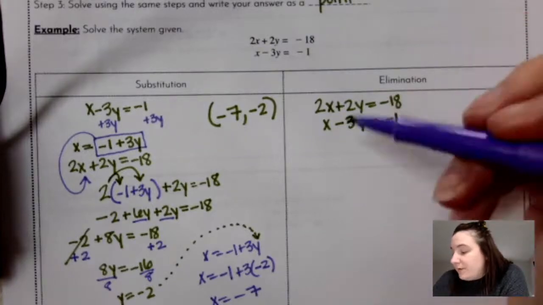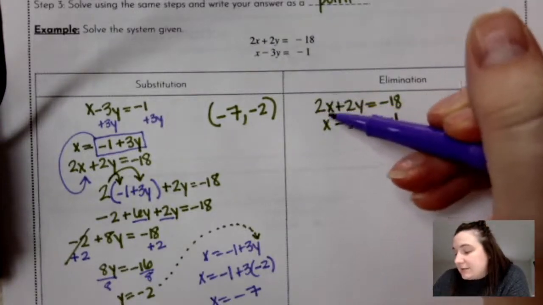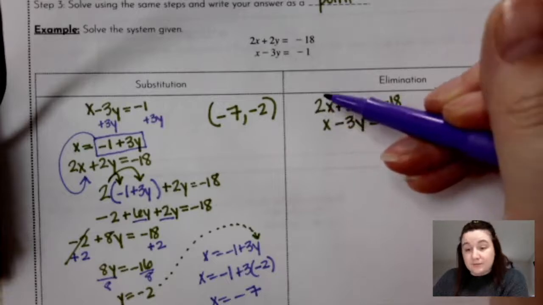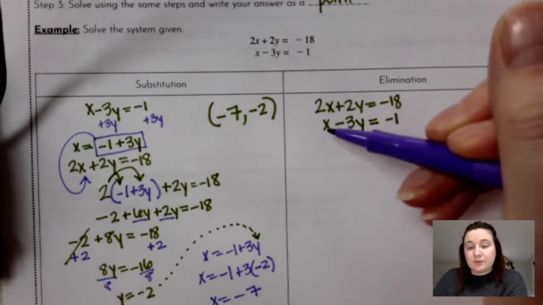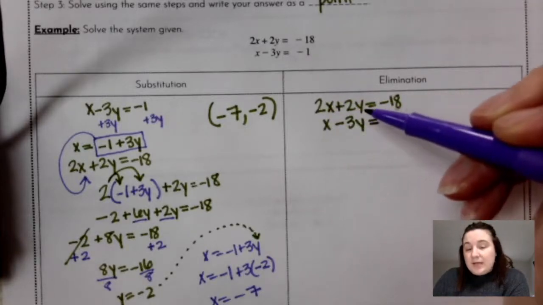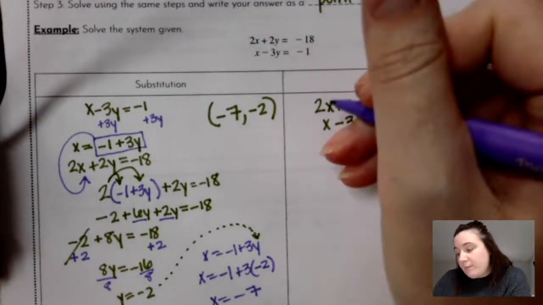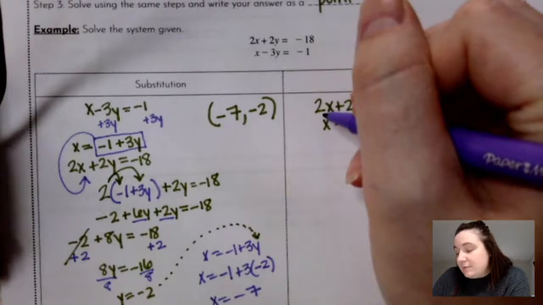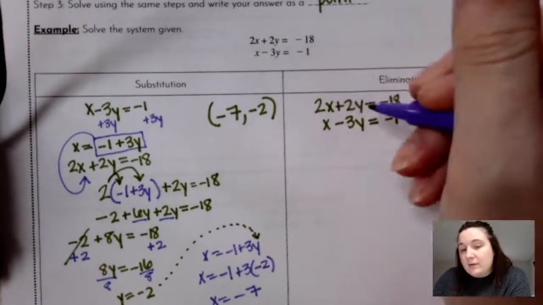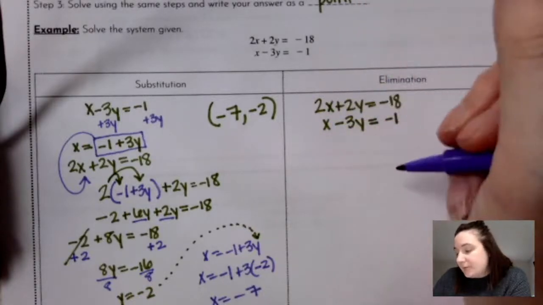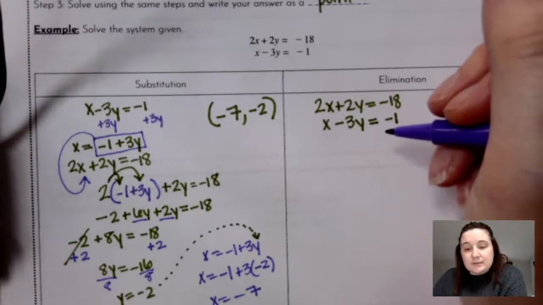And so we figure out, if this is a positive 2, to get rid of that positive 2, we would need this to be a negative 2. And so I can multiply my entire equation by any value to make it so that I can get rid of the x's or the y's. And you just want to do whatever is easiest in that problem.